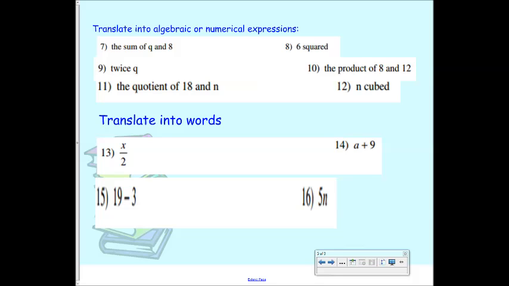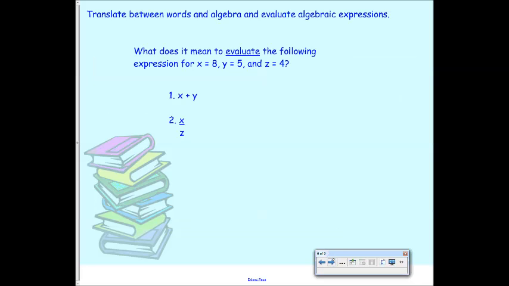Okay, so translating from numerical expressions to algebraic expressions is one of the things we're talking about, and then we're also going to talk about evaluating. So what would it mean to evaluate the following expression for x equals 8, y equals 5, and z equals 4? What does it mean to evaluate an expression? Okay, so I'm going to look over it, and I see that this says x plus y, but I have some information up here. How can I use this information? Plug in, exactly.